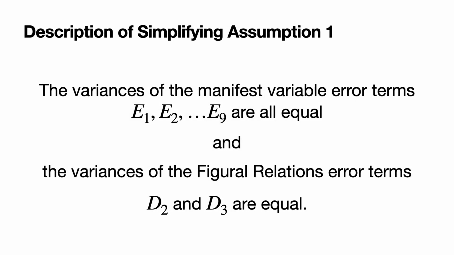And so let's consider simplifying assumption 1. And so here is a description of this assumption. The variances of the manifest variable error terms, E1 through E9, are all equal, and the variances of the figural relations error terms, D2 and D3, are equal as well.